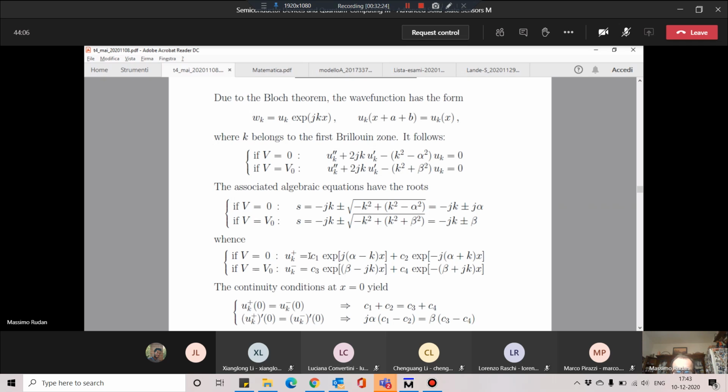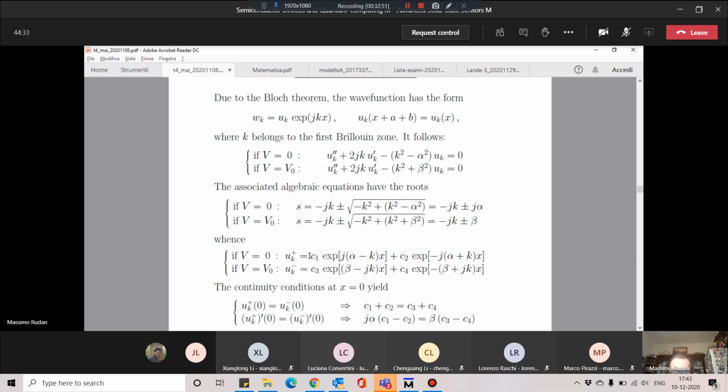So into the first exponential we plug alpha with the plus, so we have exponential of j(alpha minus k)x. And in the other one, we plug the other solution, the one in which alpha has the minus. So we have exponential of minus j(alpha plus k)x.